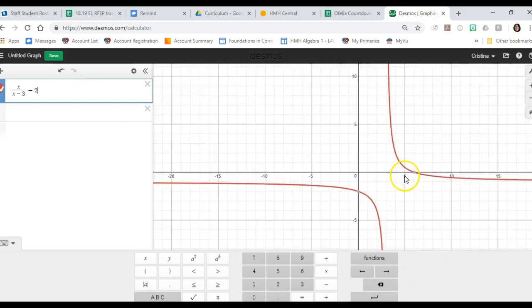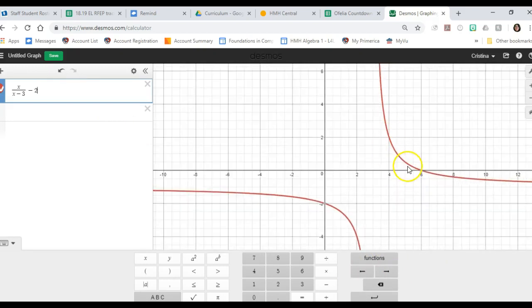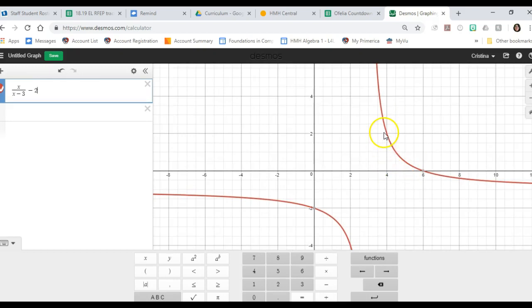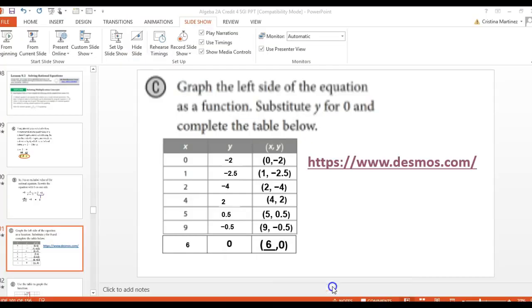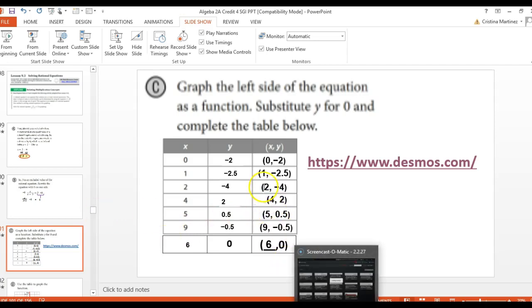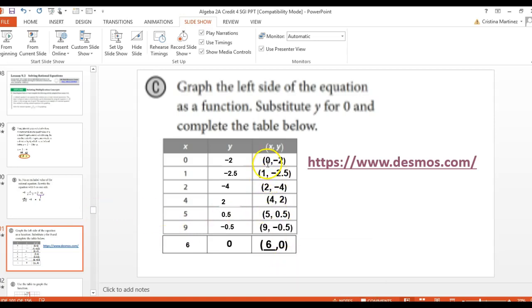Now, of course, you're like, okay, I see my graph, but I have to graph it on my paper, which you're wondering, how did I get these values? So what I could do to get these values is kind of do my own table of values here.